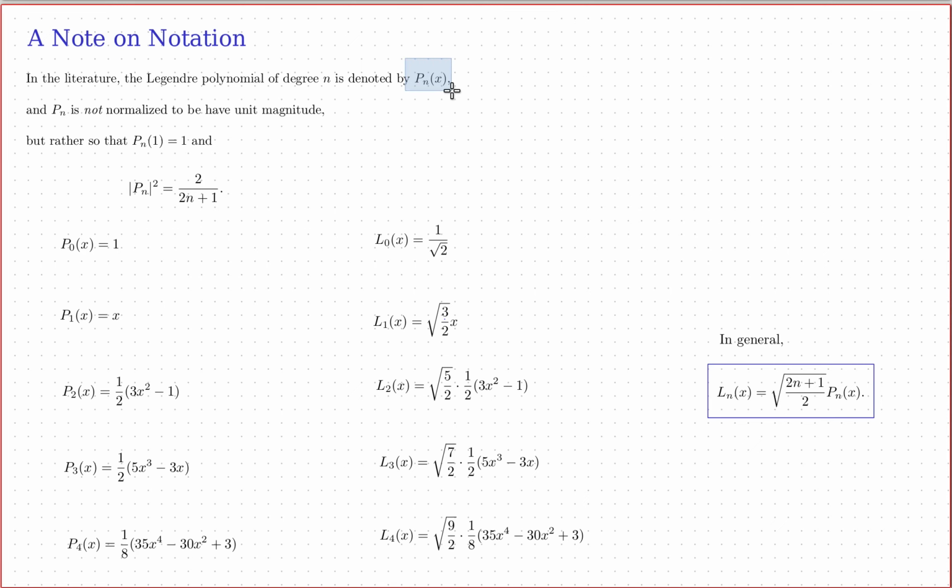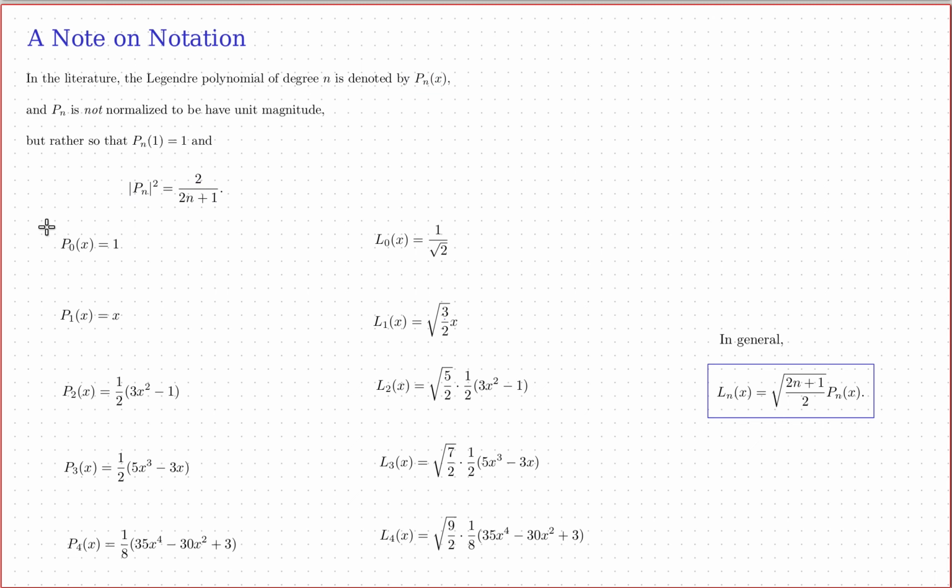And also, more importantly, they're not normalized to have unit magnitude. They're given so that P sub n of 1 is always equal to 1, and also so that the square of the magnitude of P sub n is always 2 over 2n plus 1. So in other words, they're normalized in a different way.